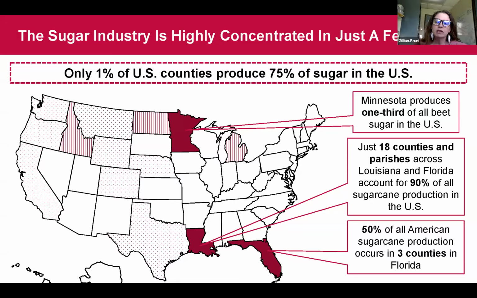And then down south, mostly in Louisiana and Florida, we have sugar cane grown, and this accounts for about 45% of domestic sugar production. But in all, the sugar cane and the sugar beet, each of those industries are roughly $4 to $5 billion industries each per year. So it's a significant part of the US economy, and it also supports our food supply here in the country.